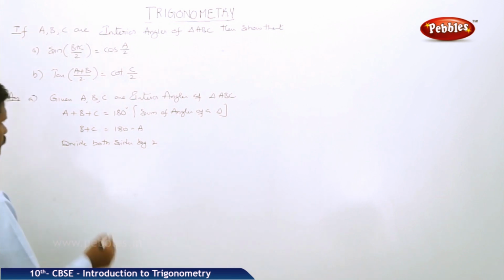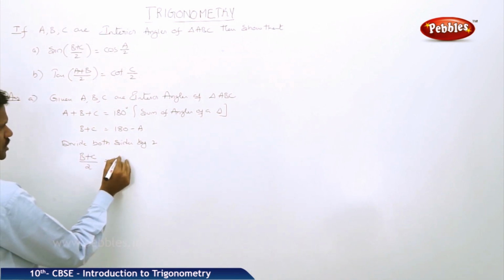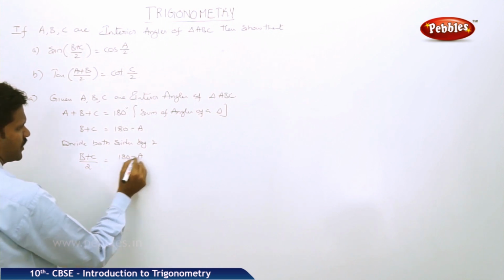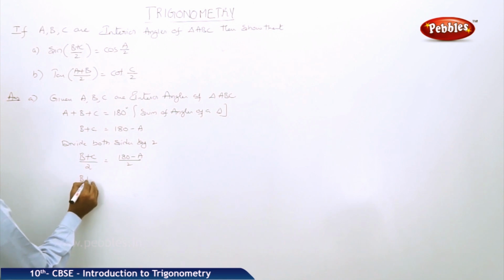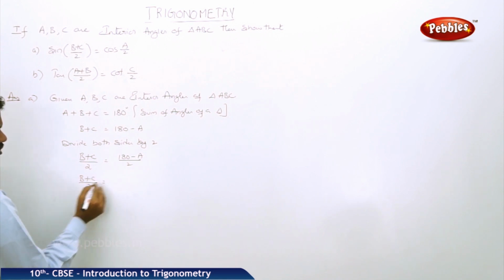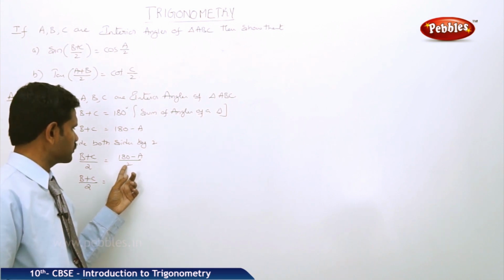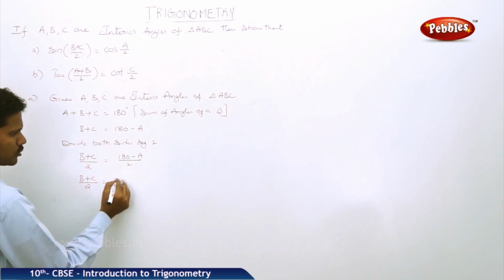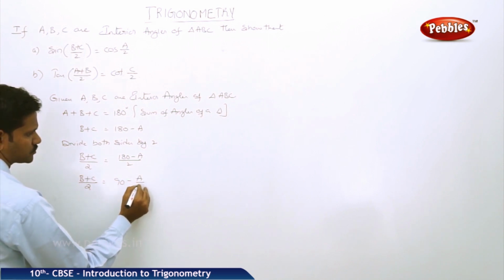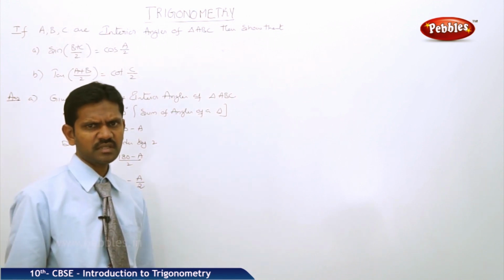Therefore, (B plus C) by 2 is equal to (180 minus A) by 2. That is, (B plus C) by 2 is equal to 90 minus A by 2.